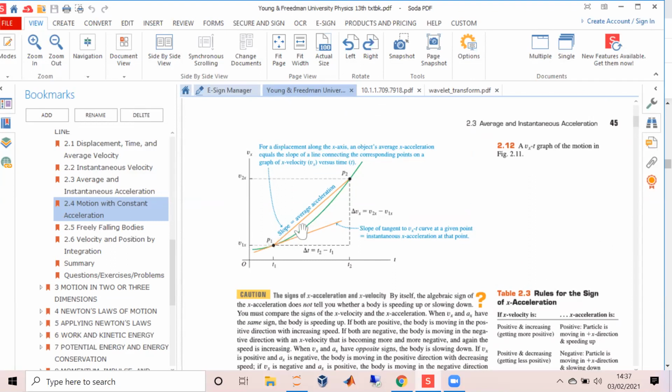So if we have the chart of the velocity, we can always infer the acceleration by calculating the slope of the tangent line, okay? Otherwise, if we have the expression that describes this motion, we can always calculate it by differentiation, okay? Because we know that the first derivative of the velocity with respect to the time is acceleration.